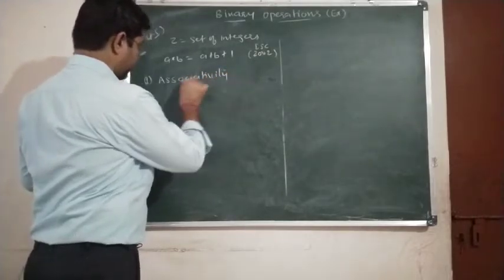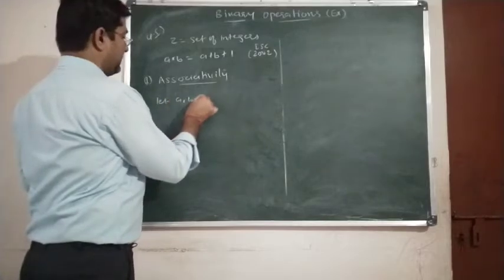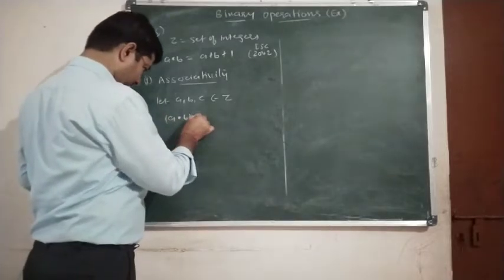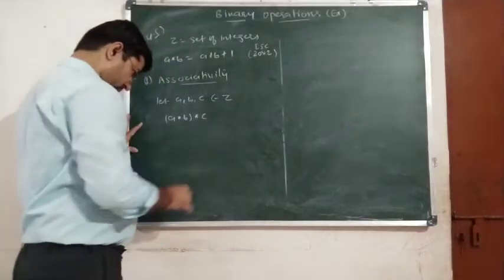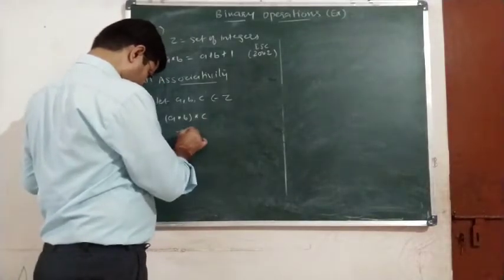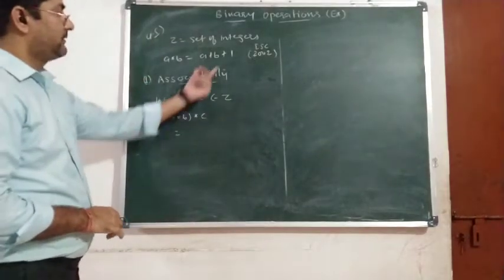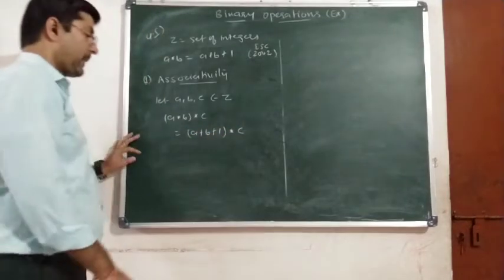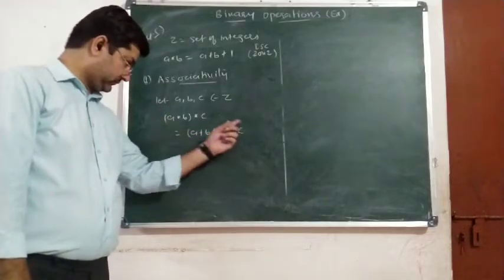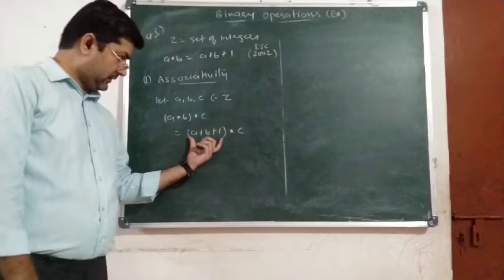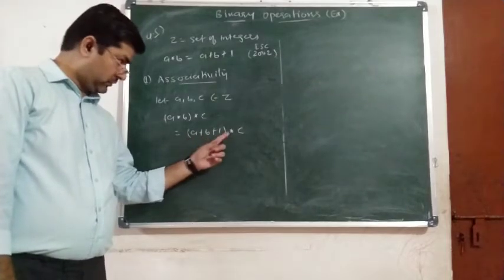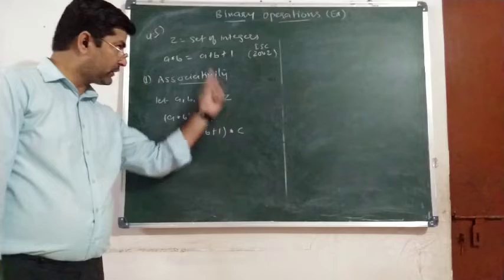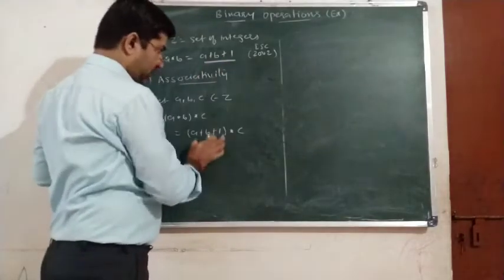Let A, B and C belong to Z, and consider A asterisk B asterisk C. A asterisk B is well defined, so it is A plus B plus 1, then asterisk C. Now it is important: in this expression, the left value represents A and the right value represents B. So remember that you have to put the two values in this formula.